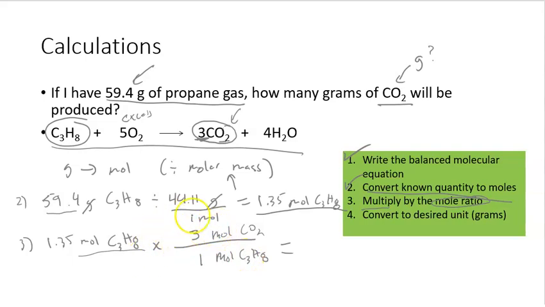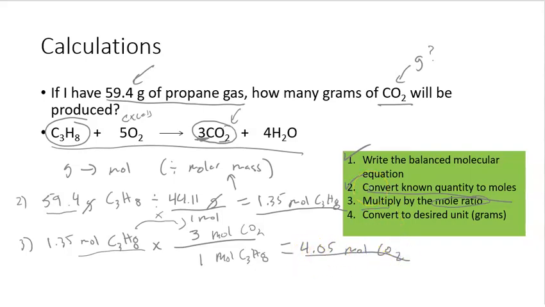Whatever you're trying to find goes on top. Whatever's on the bottom is what you already know. So that helps you identify what to multiply by and what to divide by. So we're going to multiply 1.35 times 3, and then go ahead and divide by 1 just so we get used to doing that step if it's necessary. And we should get 4.05 moles of CO2.